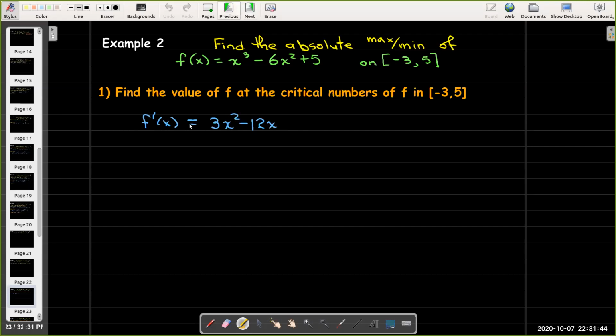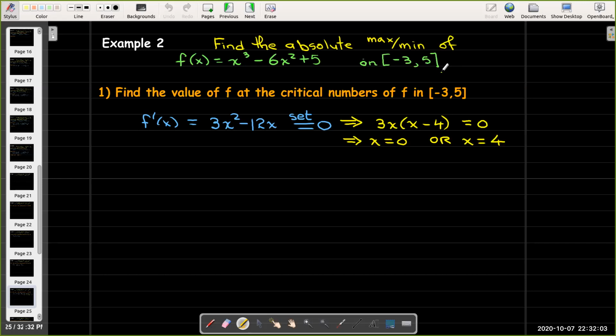So take the derivative, set it equal to 0, and solving, we find that there are two critical numbers, x equals 0 and x equals 4. Now, both of those critical numbers are in the given closed interval from -3 to +5. So I'll use both of them. If there was another critical number and it was not between -3 and +5, then we would simply ignore that critical number.